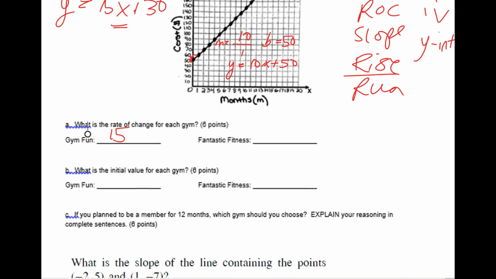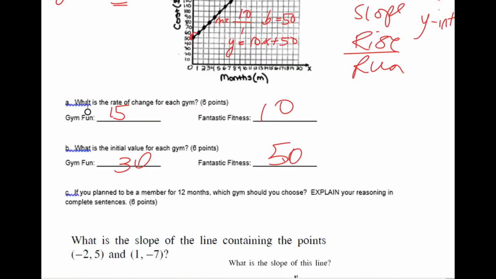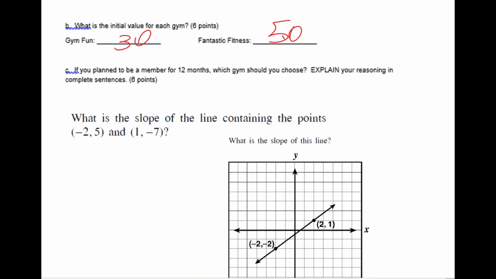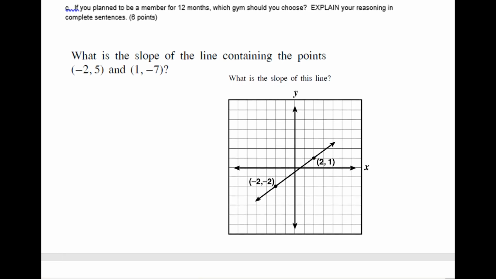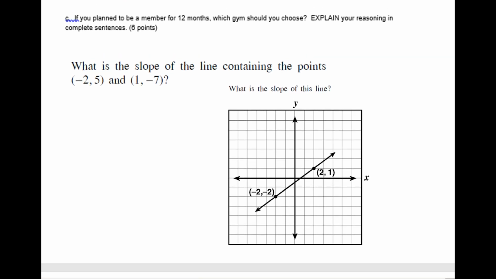All right. So, Fantastic Fitness: the rate of change would be 10. The initial value here is the one without the x, 50. All right, let's move on. And then it'll ask us to write an equation. We did that. Okay, if you planned a membership for 12 months, which gym should you choose?